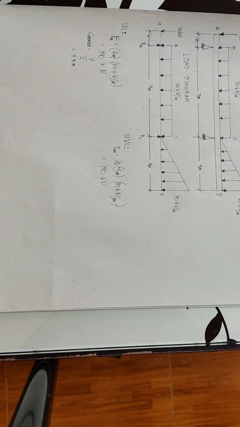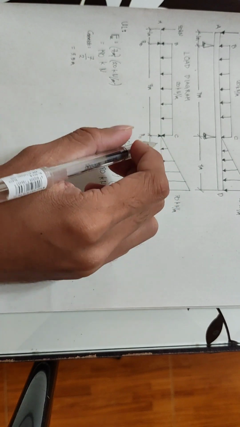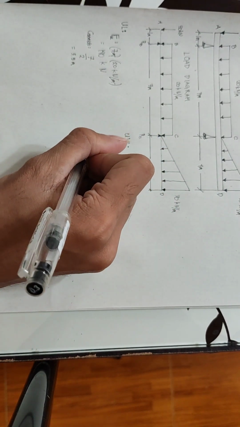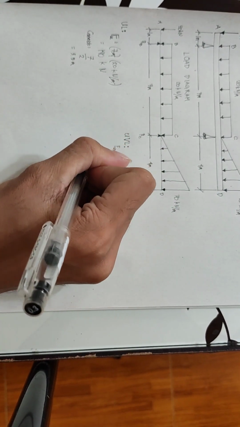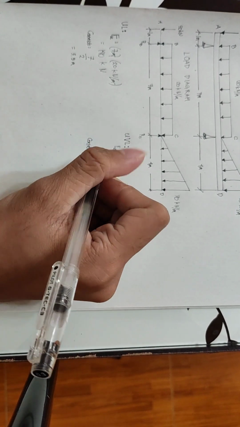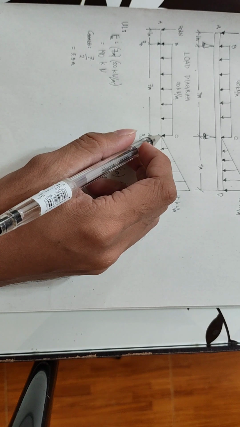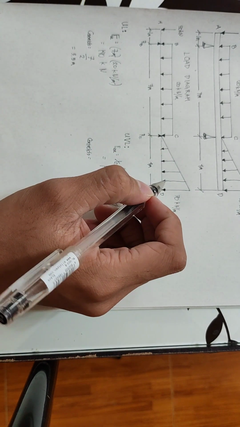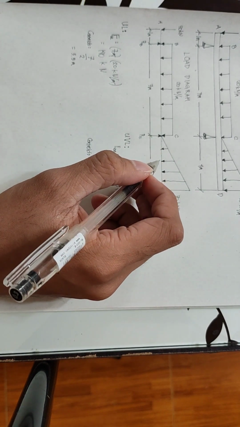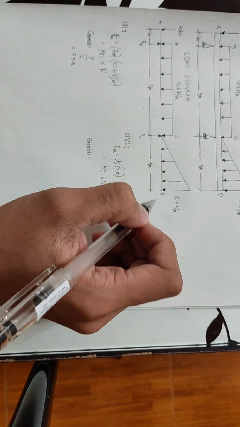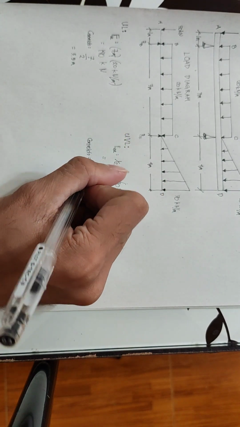To get the centroid of this load, if we start from here, we just multiply its distance by 2 over 3.